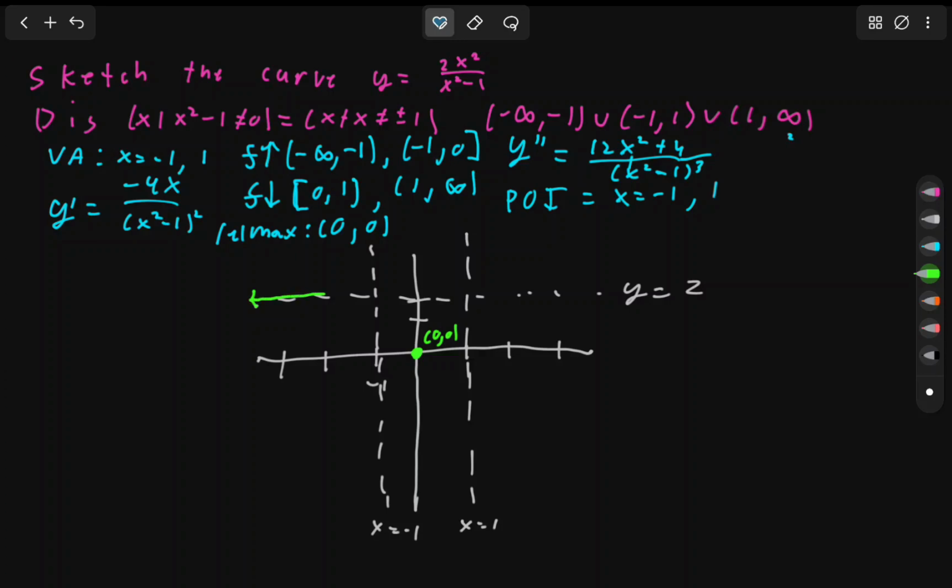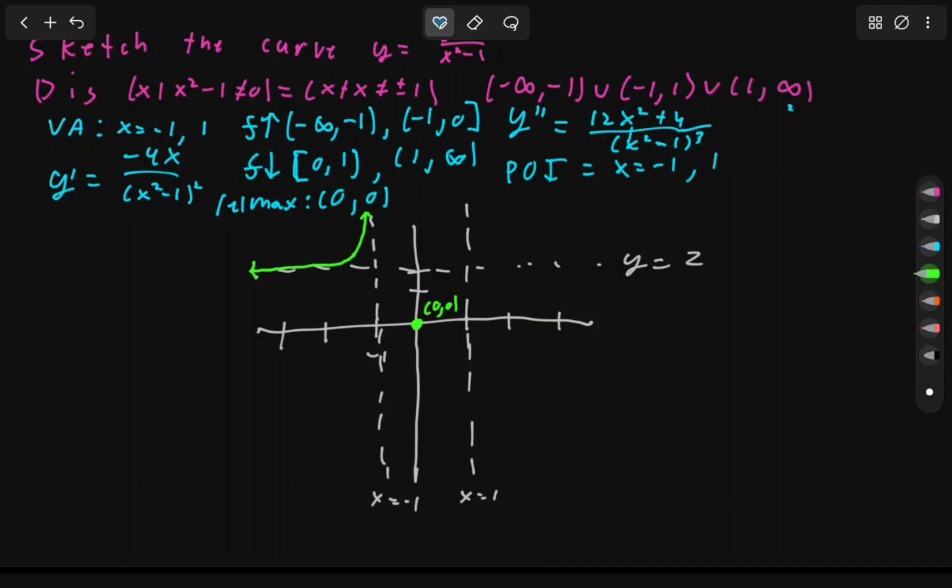So let's graph it. We know that there's a vertical asymptote here. As we approach -1 from the left, we found out that it's going to approach infinity.